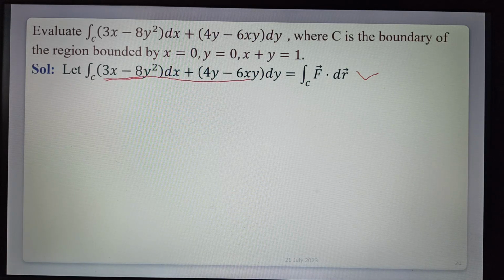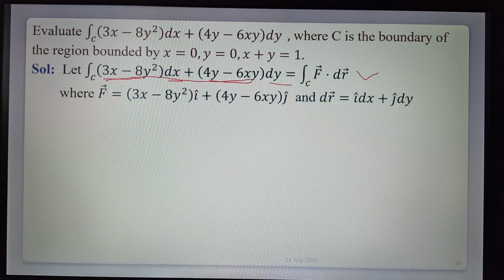This is f1 into dx plus f2 into dy, where f bar is equal to f1 i, that is (3x minus 8y square) i, plus f2 j, that is (4y minus 6xy) j, and dr bar is equal to dx i plus dy j.